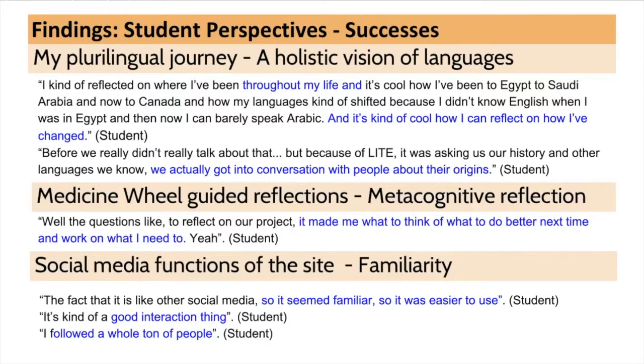I'll just read the first quote. I kind of reflected on where I've been throughout my life, and it's cool how I've been to Egypt, to Saudi Arabia, and now to Canada, and how my language has kind of shifted, because I didn't know English when I was in Egypt, and now I can barely speak Arabic, and it's kind of cool how I can reflect on how I have changed.